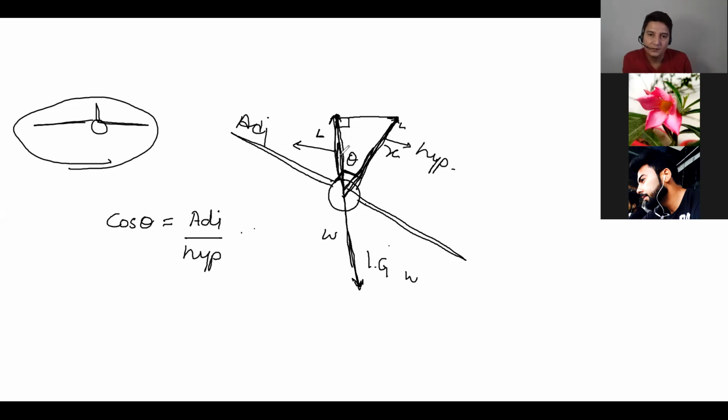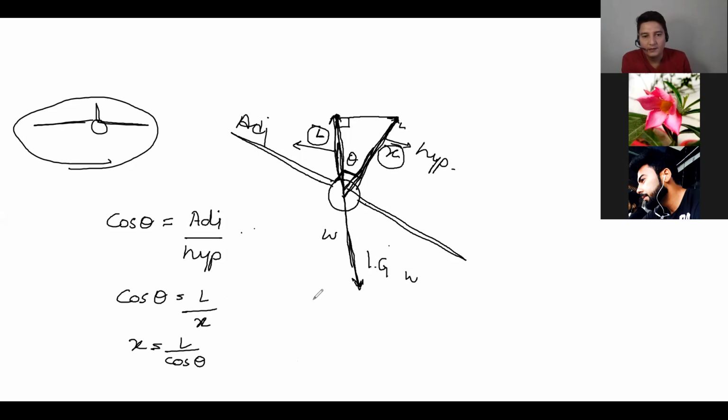We have named the hypotenuse line as x, and this line as L. So cos theta equals L upon x, and x equals L upon cos theta.